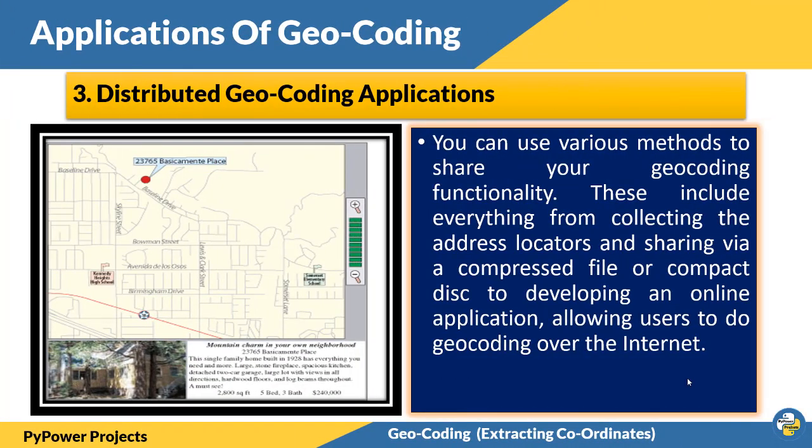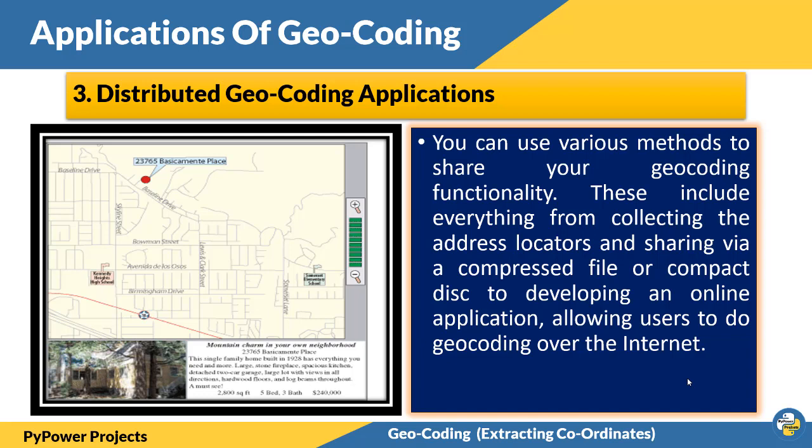Another thing is making distributed geocoding applications, for example Google Maps. Geocoding is basically the pillar, or heart, behind the working of Google Maps. You can create applications like this also.